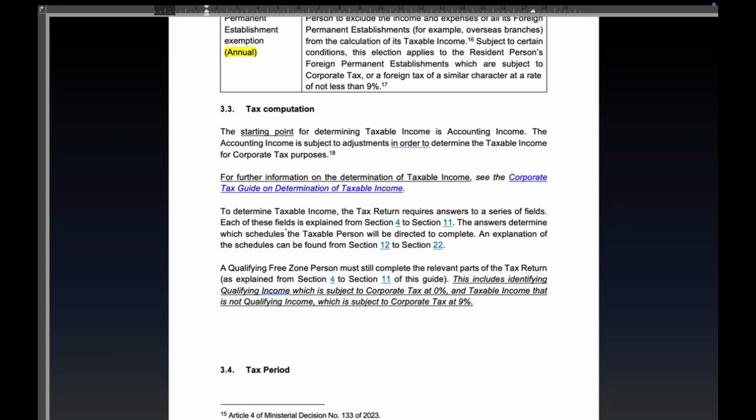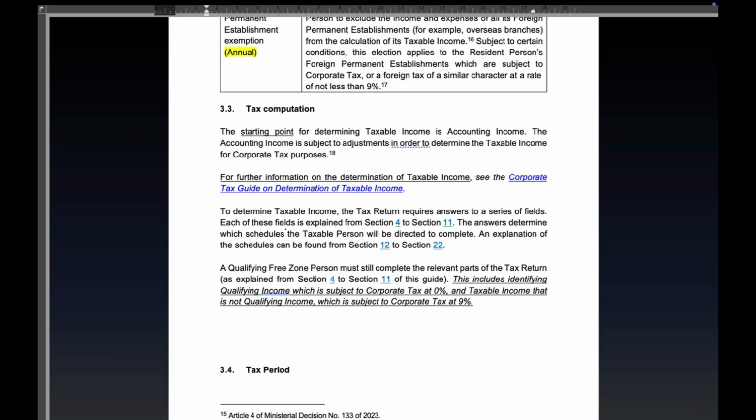The bases are different, accounting standards are different, provisions of the law are different. So wherever there is a difference between the provision of the law and the provision of the accounting standard, we need to make an adjustment, because the profit and loss is prepared by applying IFRS, but the tax return is prepared by applying the provisions of the tax law. Once there is a difference between these requirements, there may be an adjustment.